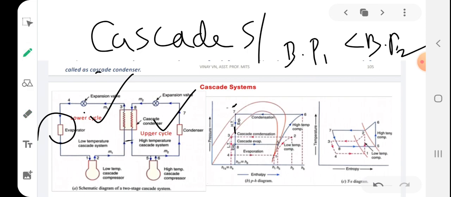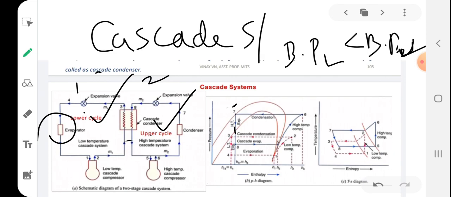If this is 1, this is 2, the boiling point of the lower cycle, this is the lower cycle, this is the upper cycle. The boiling point of the refrigerant in the lower cycle will be lower than the boiling point of the refrigerant in the upper cycle.